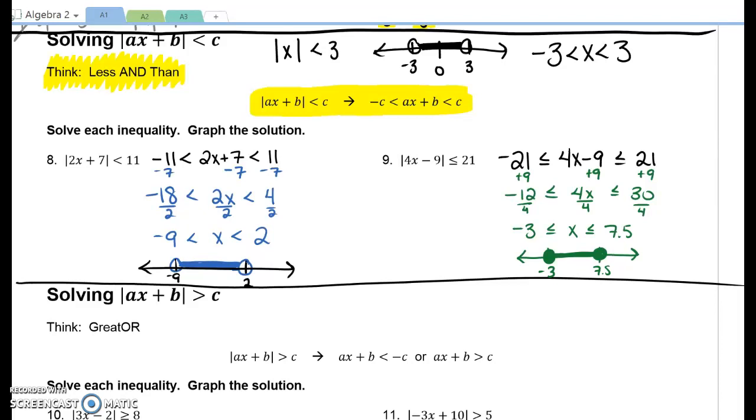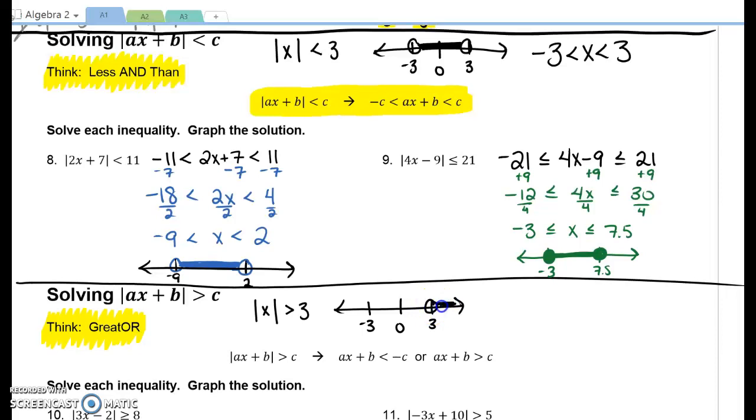If it's greater than, and a teacher told me to think of it as great or, we're going to set up or inequalities. So if our absolute value of x is going to be greater than 3, our distance from 0 needs to be larger than 3. So we're talking numbers like 4, 5, 6, negative 4, negative 5, negative 6.